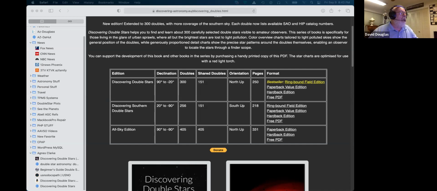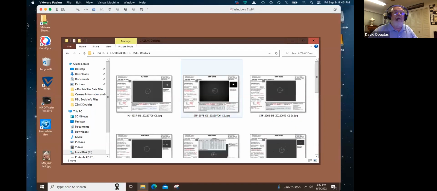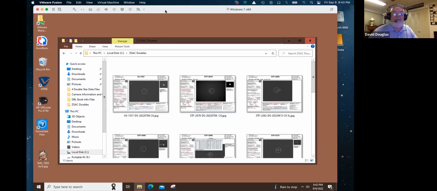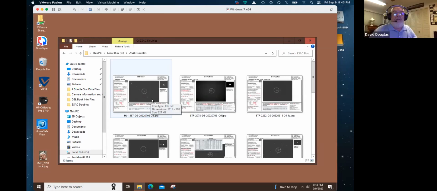So I've got two screens. I will now bring that screen over, and you should be able to see the Windows display, yes? Yes. Okay. I've got some other examples that are good.